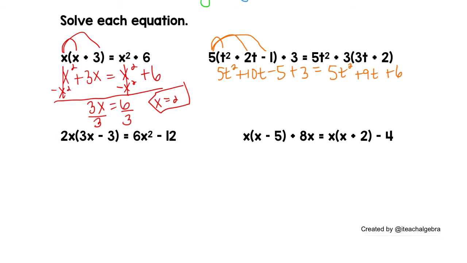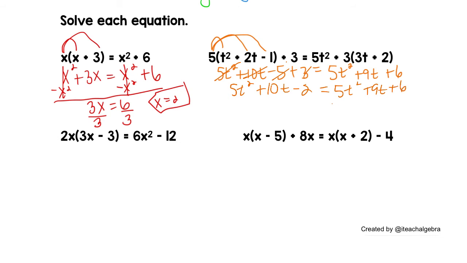Now, we're going to look at each side of the equation separately and combine like terms. On the left, we only have 1 t squared, so that will stay 5t squared. We have 10t, only t on that side. -5 plus 3 is minus 2. Everything on the right is also combined.